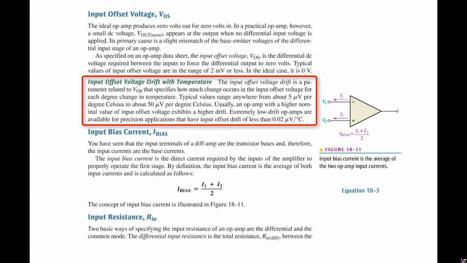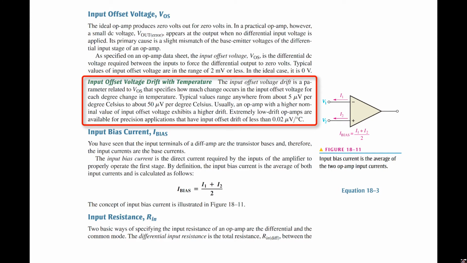The input offset voltage drift is a parameter related to the offset voltage that specifies how much change occurs in the input offset voltage for each degree change of temperature. Typical values range anywhere from 5 microvolts per degree Celsius to about 50 microvolts per degree Celsius.